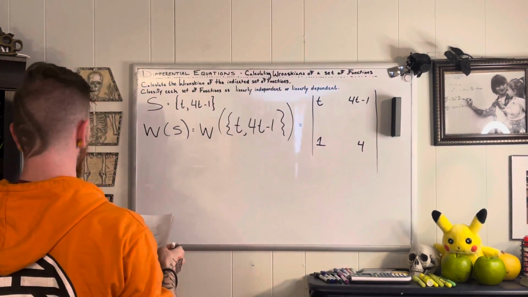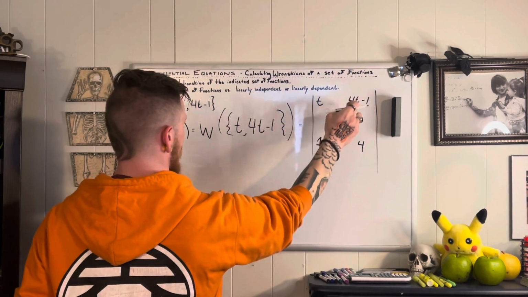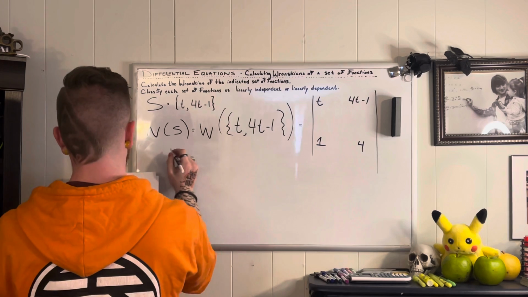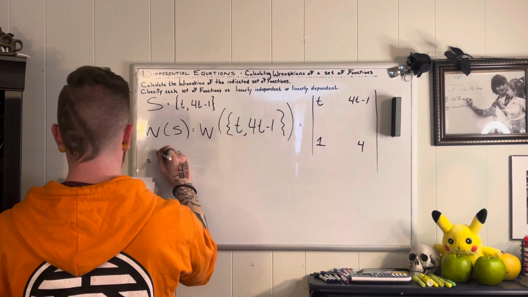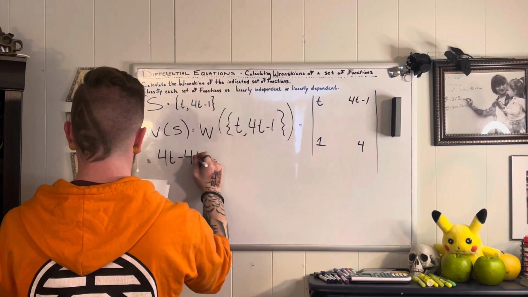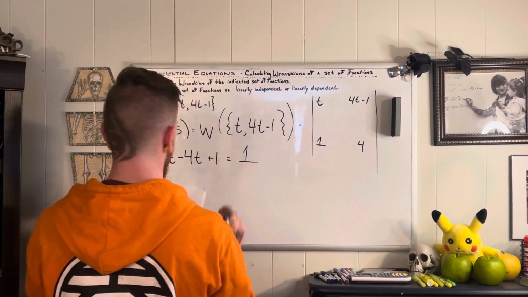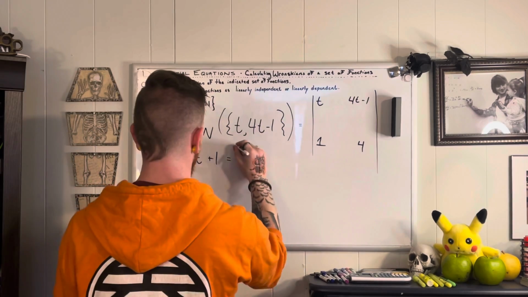Next, we compute this determinant. We have a times d minus b times c, which is 4t minus 4t plus 1. So the Wronskian of this set of functions is 1.